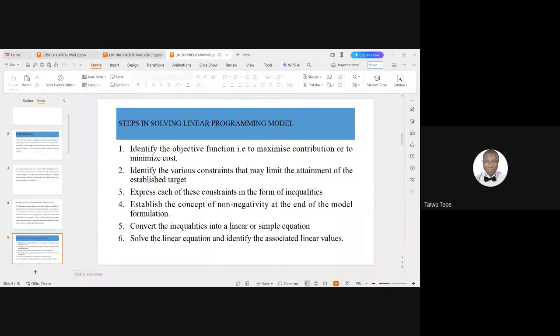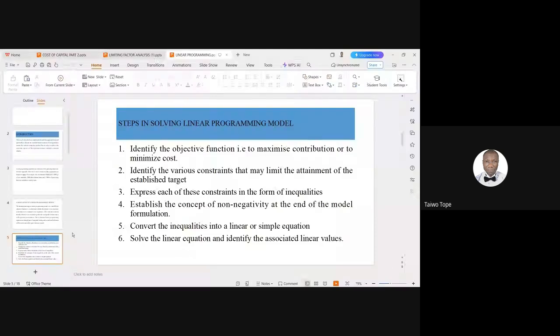Anything multiplied by 0 will be 0. Then you have b standing alone, so you divide both sides by the coefficient of b to get the value of b. Once you do that, you can solve the linear equation and identify the associated values. And this will lead you to plotting graphs.